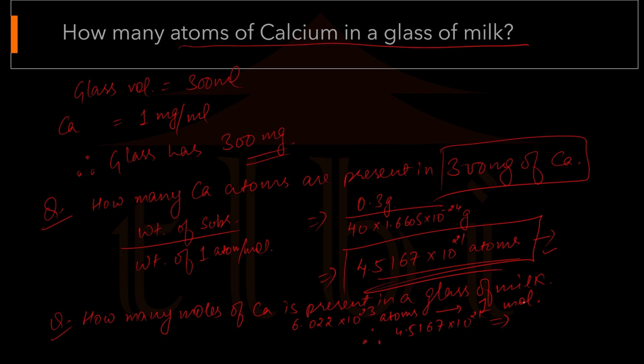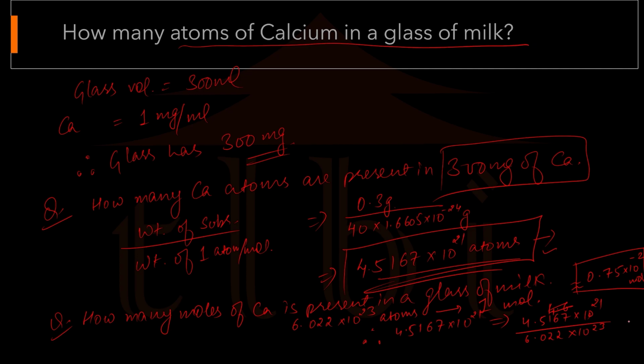So you will have 4.5167 into 10 raised to power 21 divided by 6.022 into 10 raised to power 23, right? So how much will this be? So this will be approximately 0.75 into 10 raised to power minus 2 moles. So that many moles.